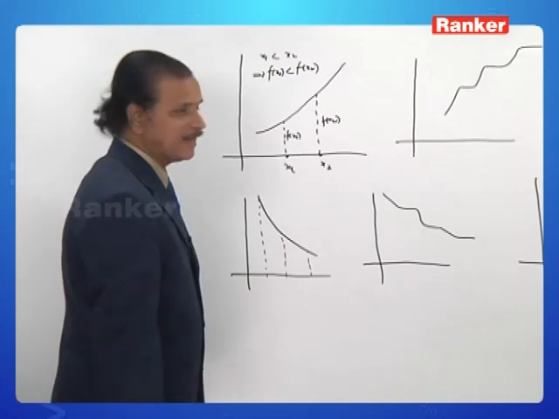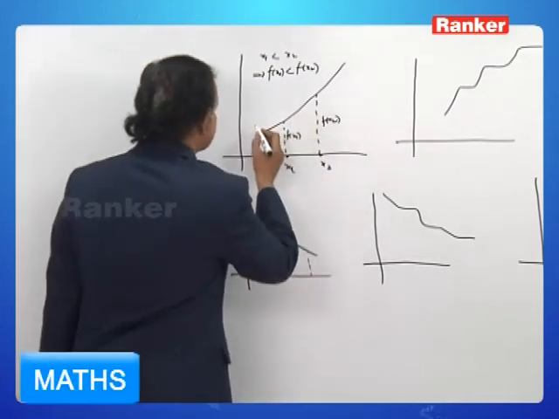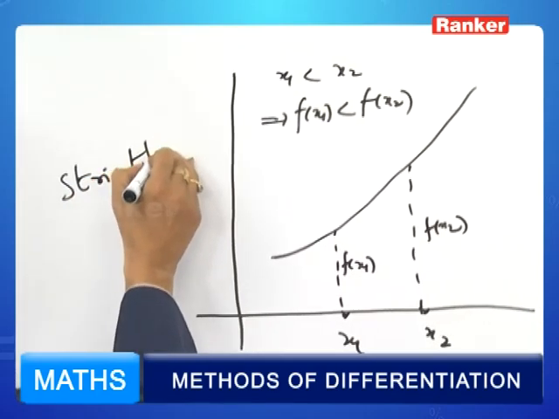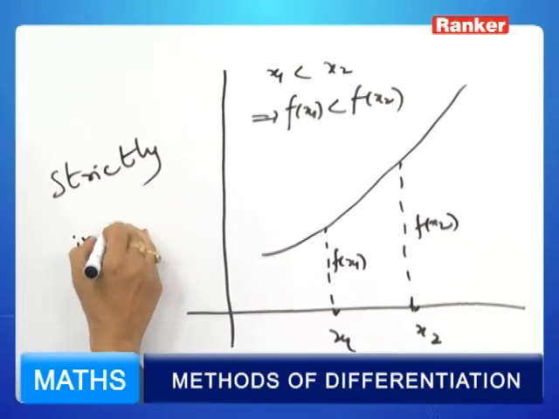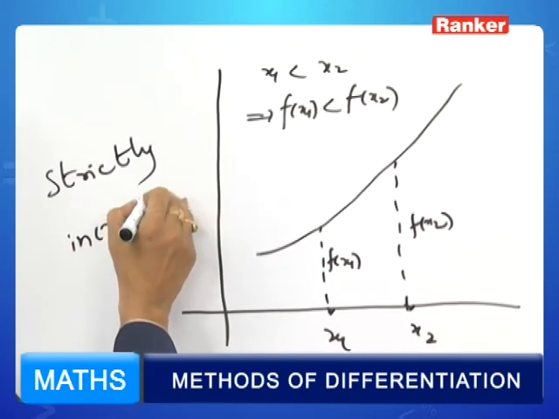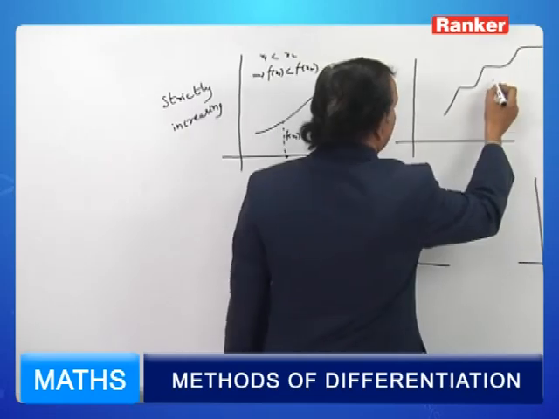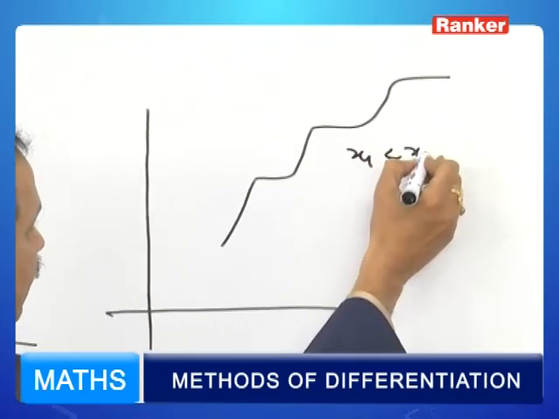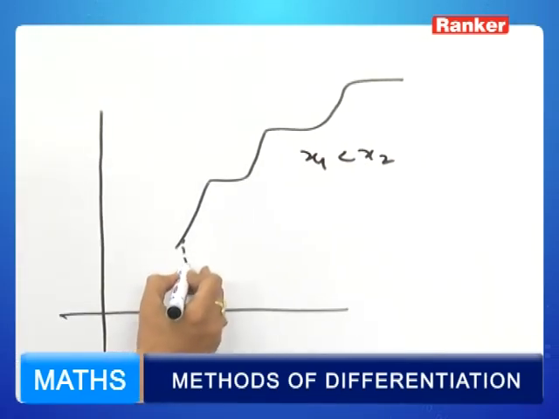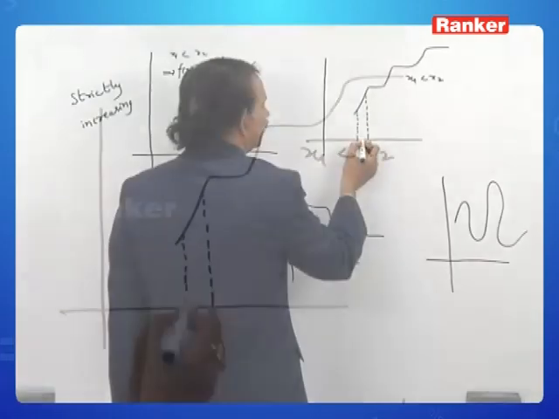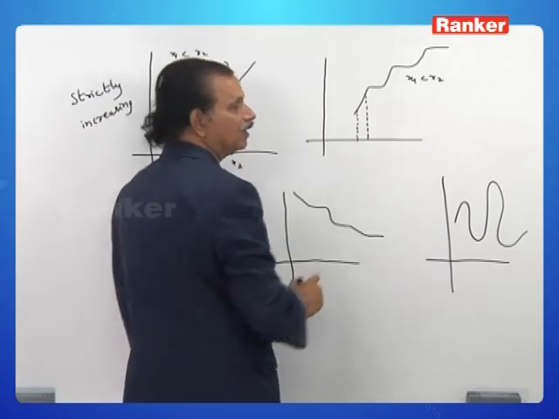Well, how to explain this one? This is strictly increasing. Here, x1 less than x2. Suppose I take x1 here, x2 here, f of x1 is less than f of x2.